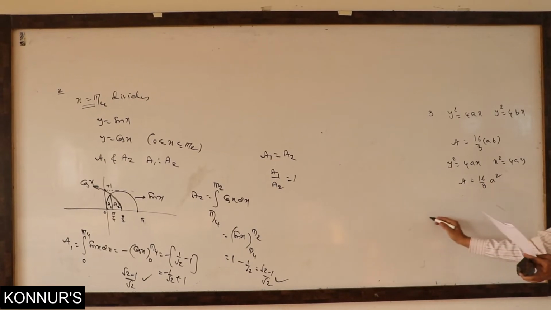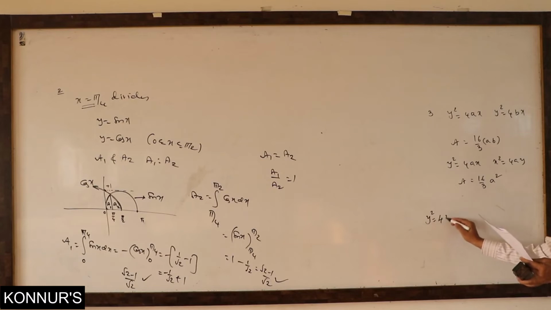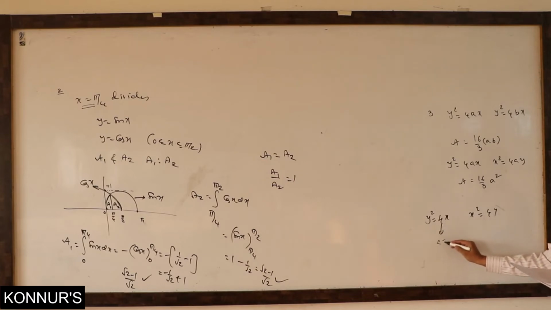Using this result here, y square is 4x and x square also 4y. From this a value is 1, and from this b value is also 1. They are equal, so the answer is only 16 by 3.